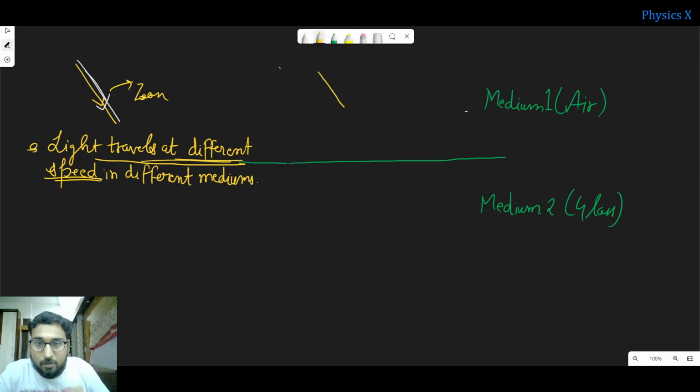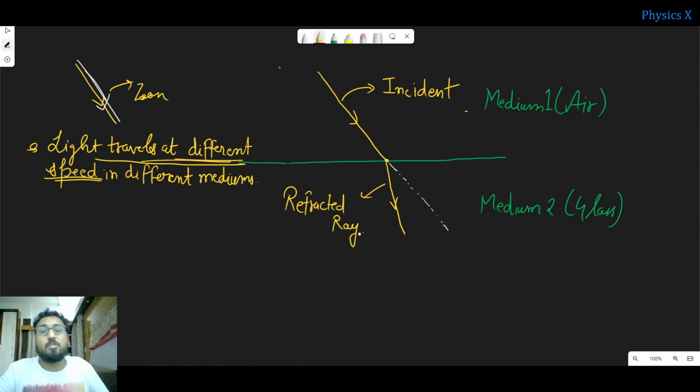This is the traveling ray of light, and after some time it gets bent. After this point it starts to bend. This is the anticipated path of the ray of light, but actually this becomes the incident ray. This is not reflected, this is refracted. The ray travels from one medium into another, but it won't go straight, it will bend.